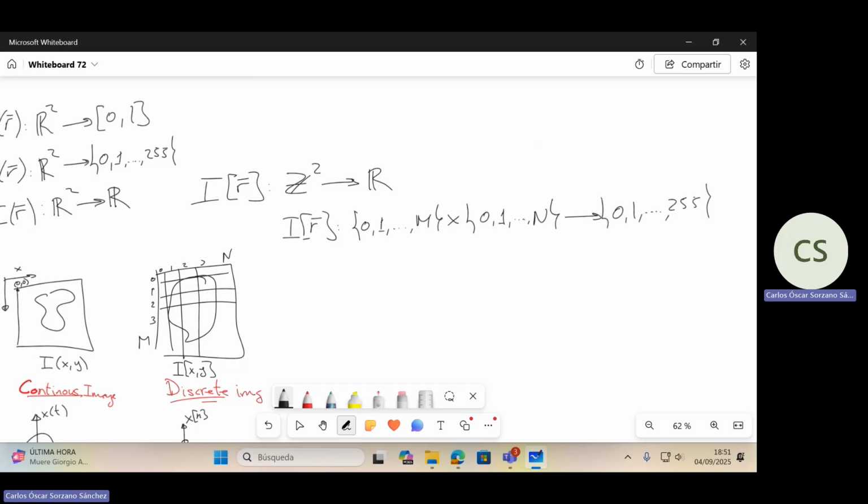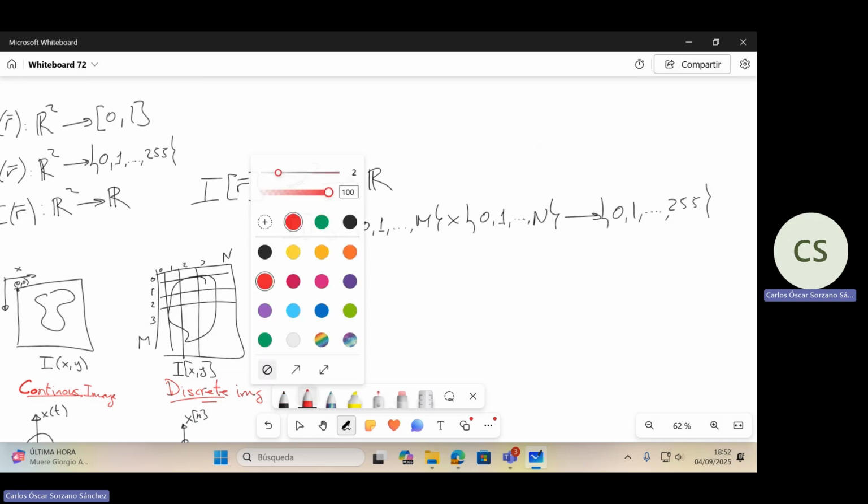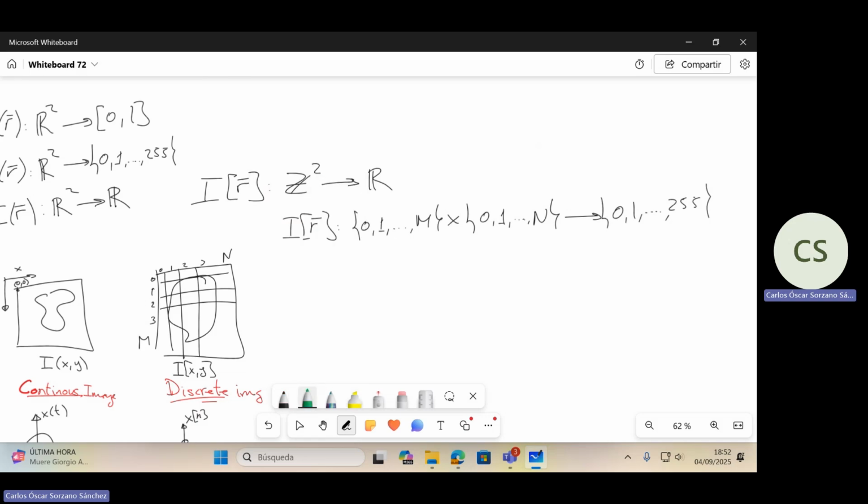So the result is a vector, and they go from 0, 1 to m, 0, 1 to n, and then 3 numbers of this kind.